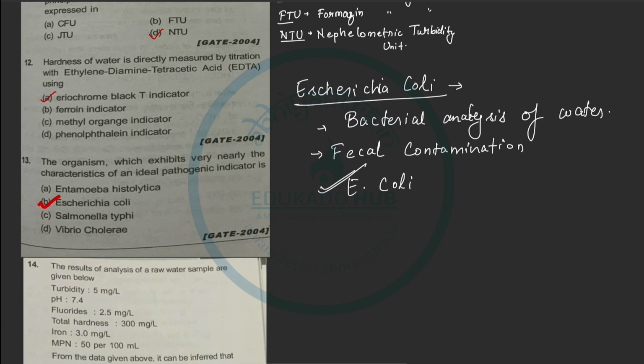So, Escherichia coli itself is harmless, but the presence of this bacteria may indicate that we can have some serious contamination in the water. So it is the ideal pathogenic indicator to check if there can be other pathogens in water or not. So the option is option B.